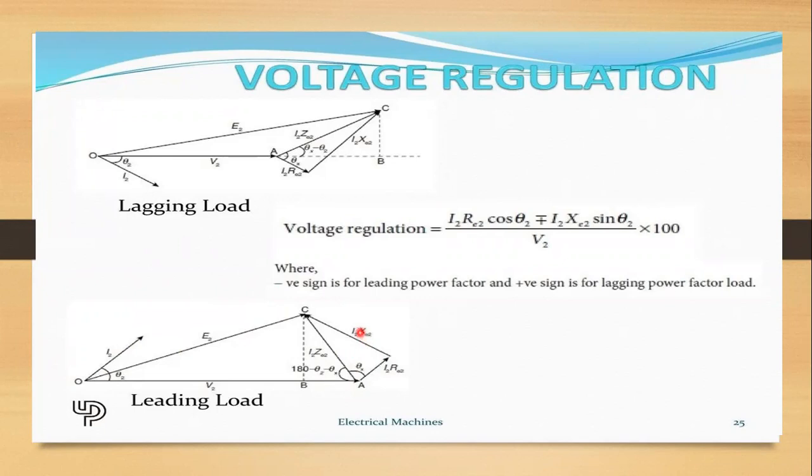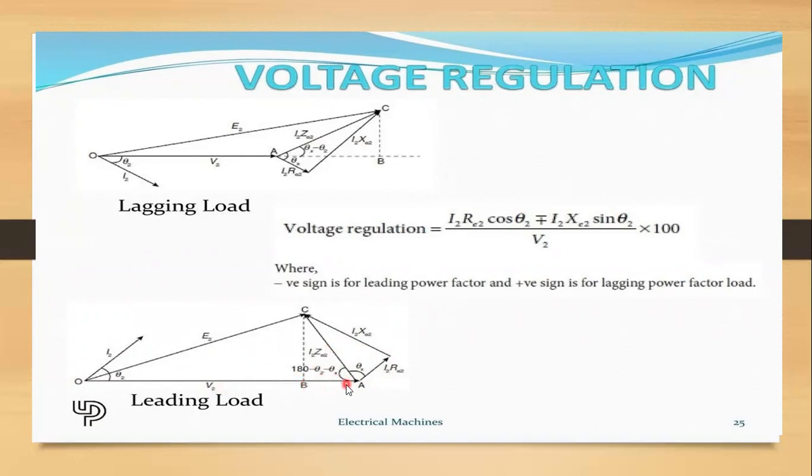So I2 Xe2 is the voltage drop across the capacitor, which lags while the current leads. I2 Re2 is the voltage drop across the resistor, and I2 Xe2 is lagging. That's why we get it like this. So E2 is nothing but V2 plus I2 Re2 cos φ2 minus I2 Xe2 sin φ2. So we are subtracting this.